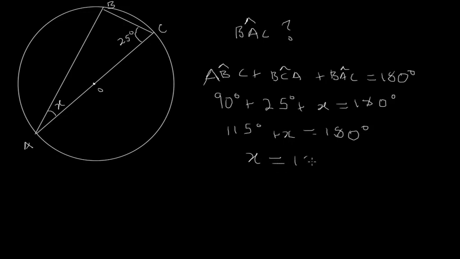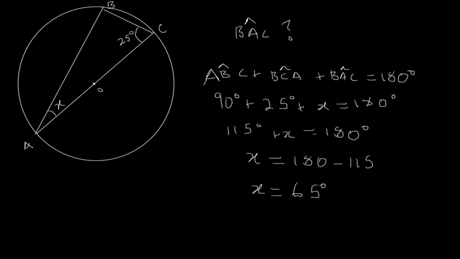X equals 180 minus 115. Now what is 180 minus 115? This gives us 65 degrees. So therefore we found the value of x to be 65 degrees. And that's how you go about this principle. Very simple principle and easy to remember.